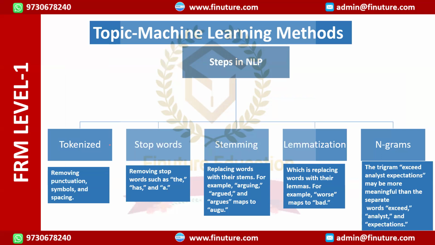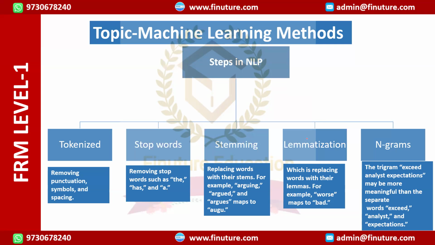Let's see what the steps involved in NLP are. There are various ways, depending on a case-to-case basis; depending on your model, the steps listed here are used in order. If we talk about tokenization, it is a step which involves removing punctuation.